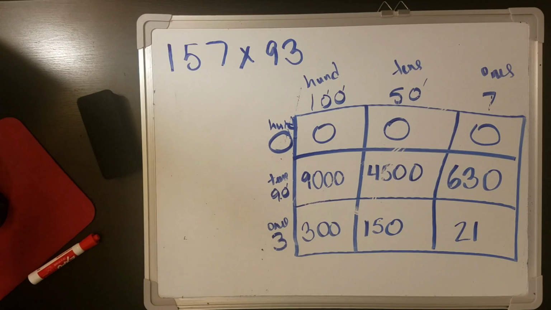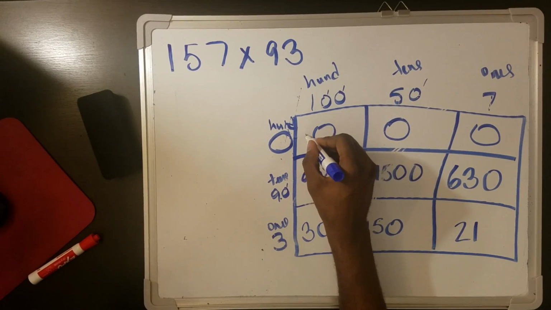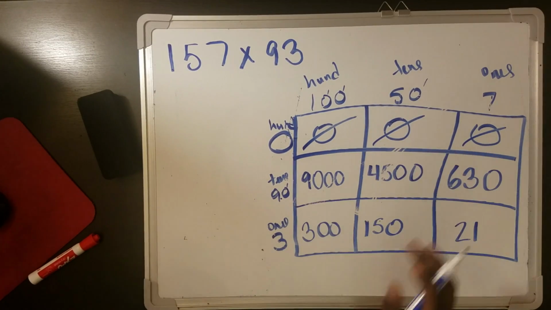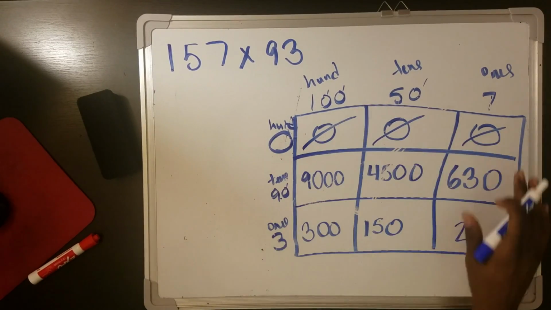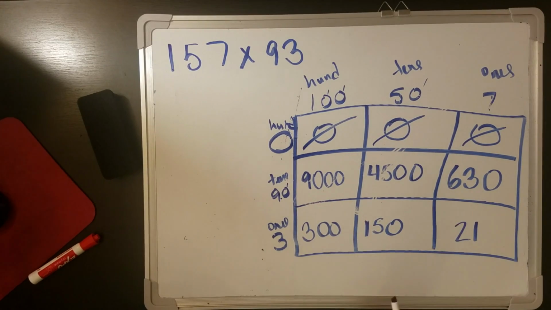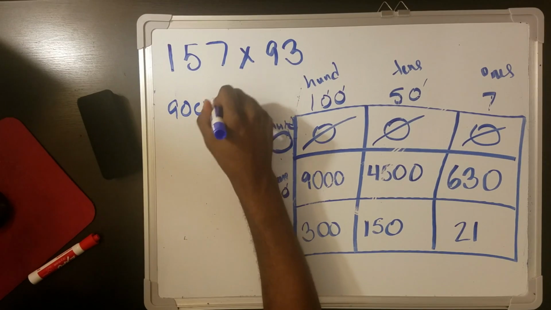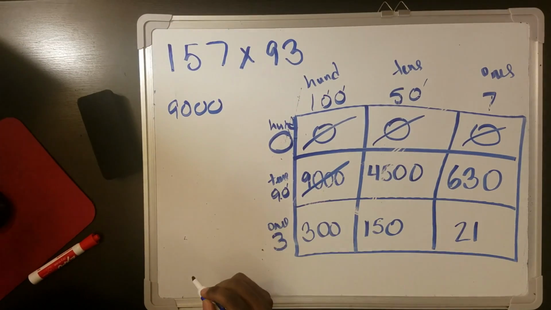So now we have to add everything. Okay? So remember, when you add zeros, nothing happens. So we're going to ignore the zeros for right now. But you want to add everything normally. So we're going to start with this 9,000. Mark that off.